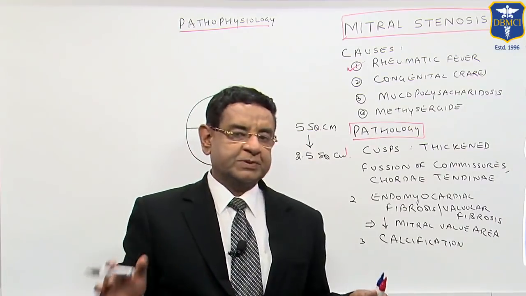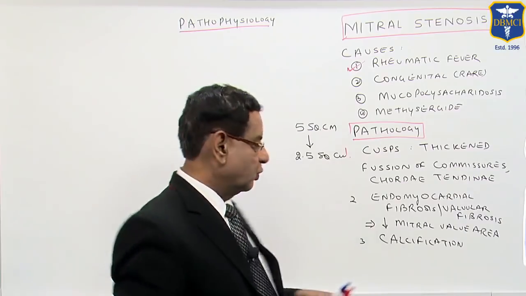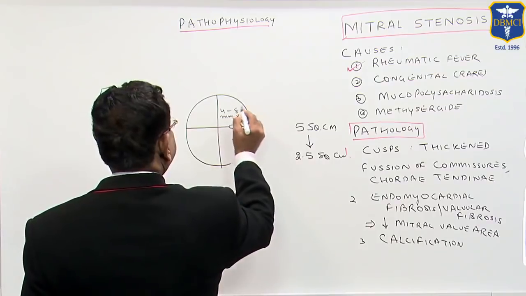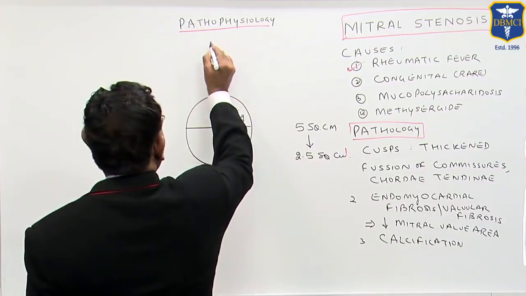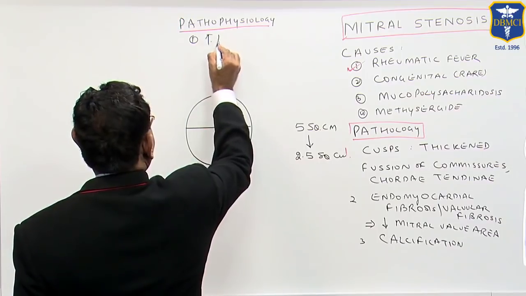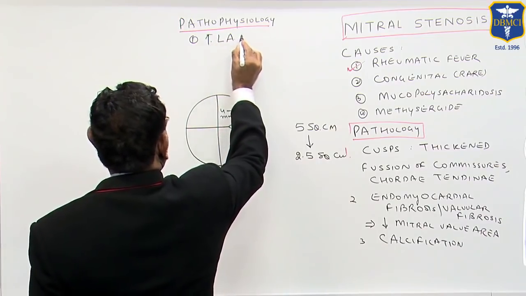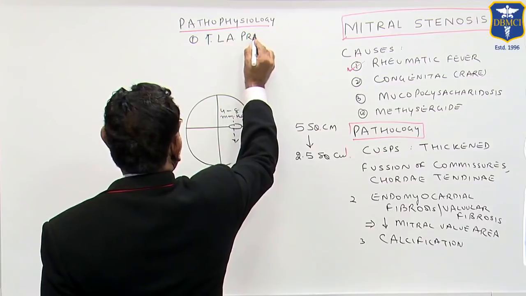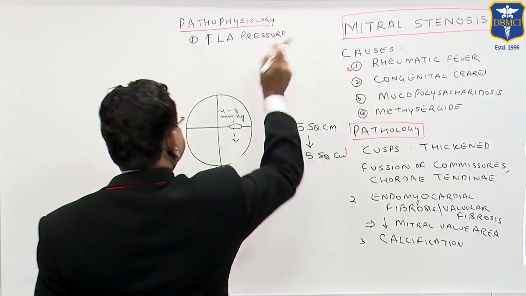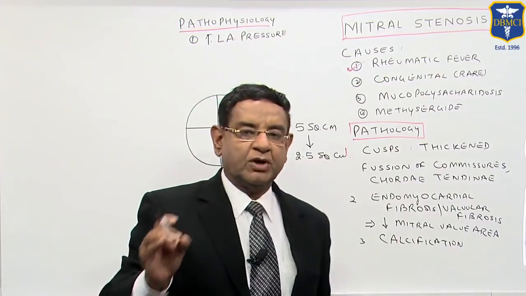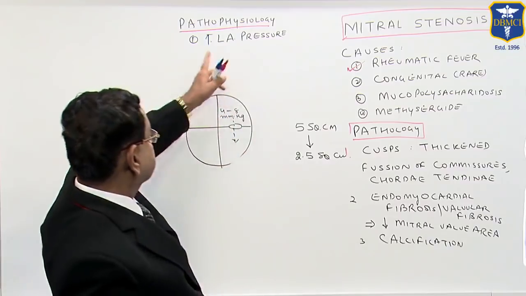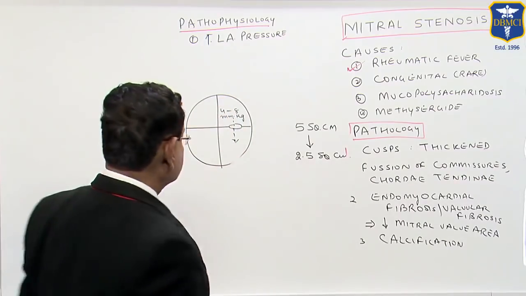There is some obstruction to blood flow, and that leads to increased left atrial pressure. This is the most pathognomonic feature of mitral stenosis, increased LA pressure.